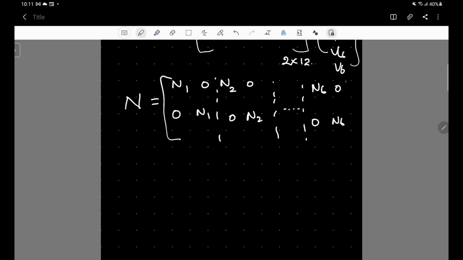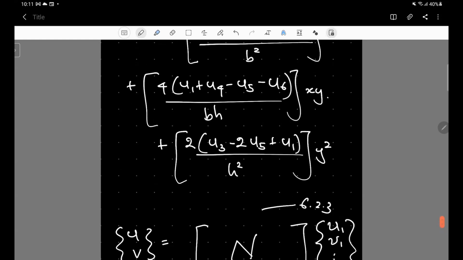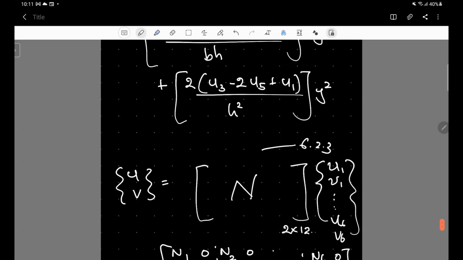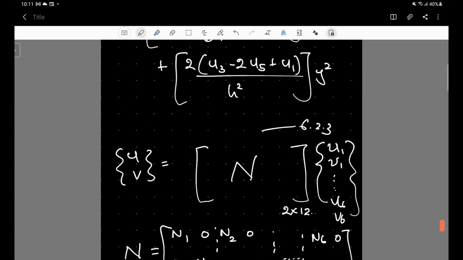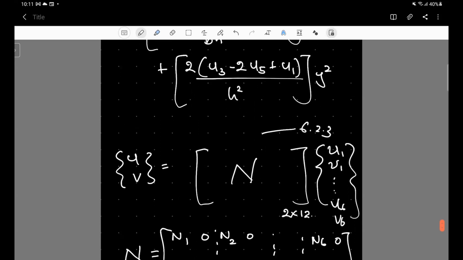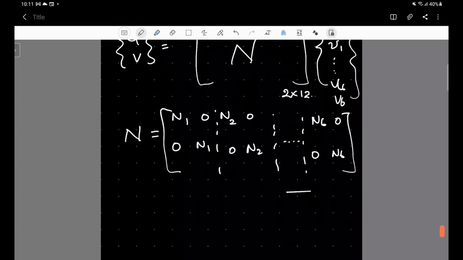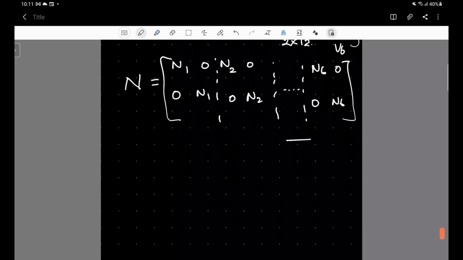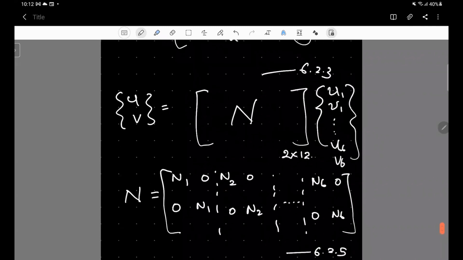So this is nothing but you have simply rearranged this equation to define certain shape functions. Okay, let's go to this. Equation 6.2.5, just to be consistent with the reference which I will be posting later onwards.